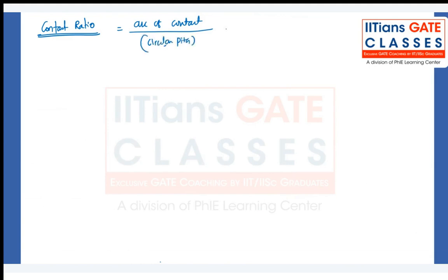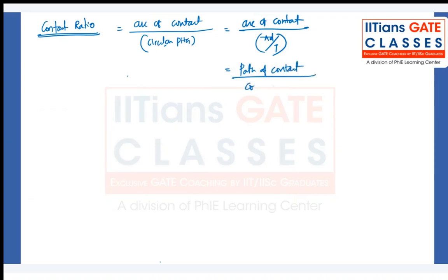Arc of contact is nothing but the path of contact divided by cos of phi. So you need only the path of contact to be calculated first, and then you can put it into this formula and get the answer.